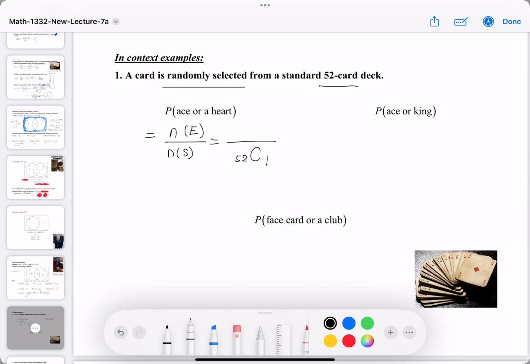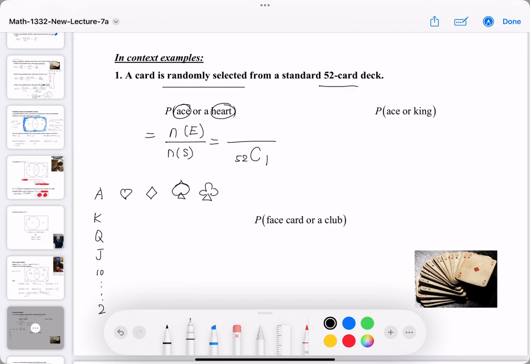And then this card is ace or heart. I really want to move the notes down here because we are having ace, the heart, the diamond. First two, they are red. And we have spade, and we are having the club. All right, and we are having king, queen, jack, 10.